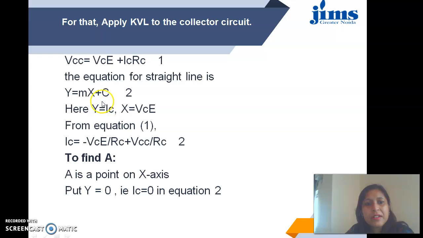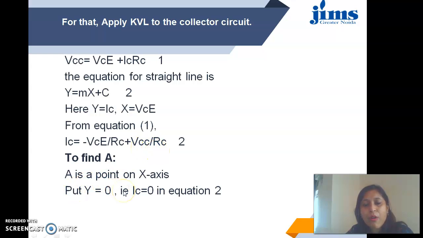After this, we put the equation in the form of a straight line equation, y equals mx plus c. Here y is the current and x is the voltage VCE. After putting equation 1 in the form of equation 2, we get IC equals minus VCE upon RC plus VCC upon RC.